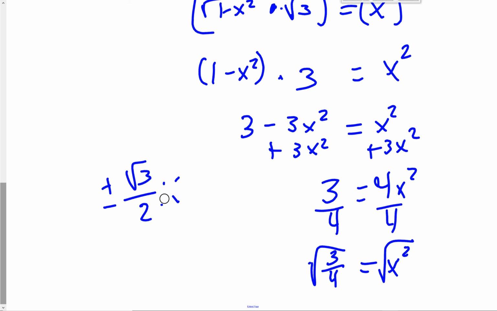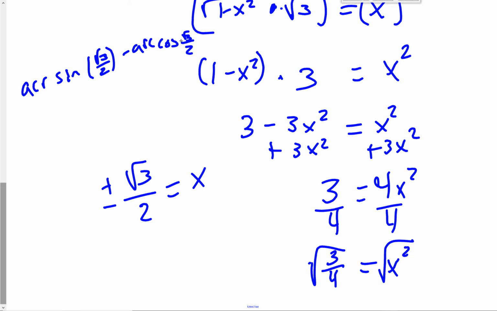So I need to check this. Equals x. So I need to check both of these. Okay, so I want to plug in. So I have arc sine of root 3 over 2 minus arc cosine of root 3 over 2 equals pi sixth.